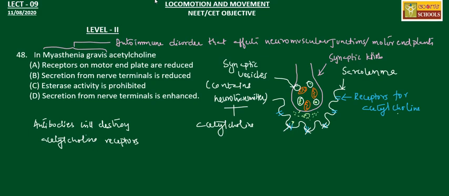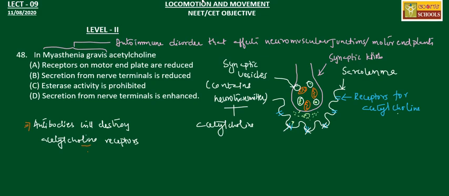So the skeletal muscles will not respond properly to information from the central nervous system. So in myasthenia gravis, the acetylcholine receptors on the motor end plate are reduced. As I told, specific antibodies are produced that destroy these receptors, hence the information will not pass effectively. So option A will be the right one.